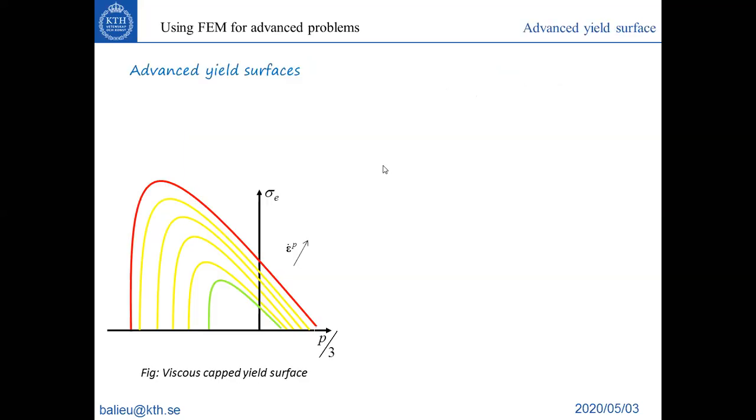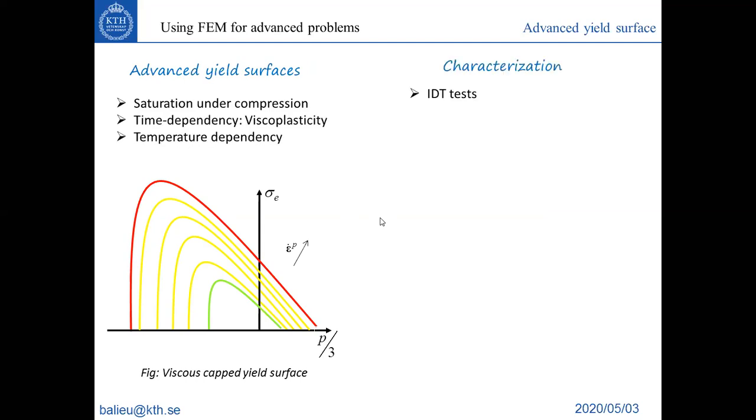Here I present these two cases, compression and tension. A tensile test and a compression test are enough. But if you want to model this saturation effect, you also need to perform triaxial tests with different hydrostatic pressure. So you need to increase the stress level here.